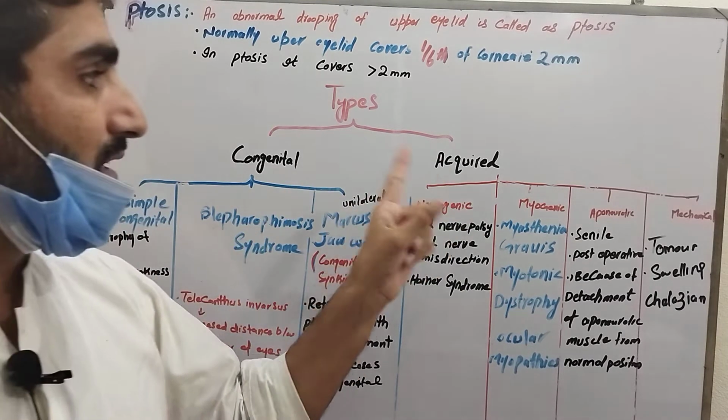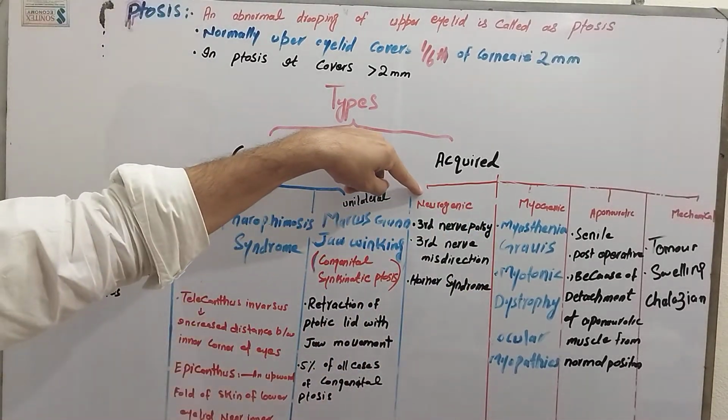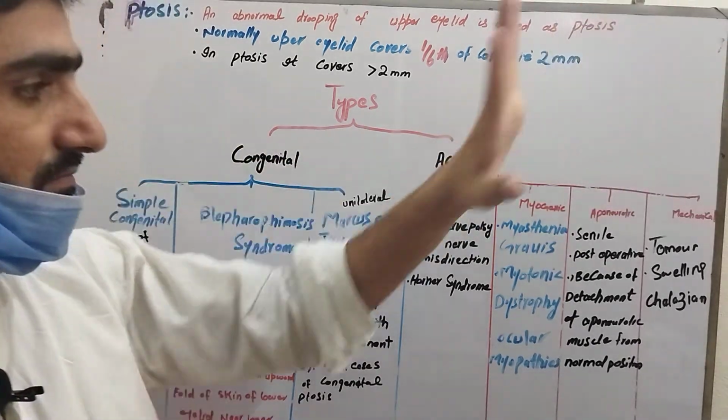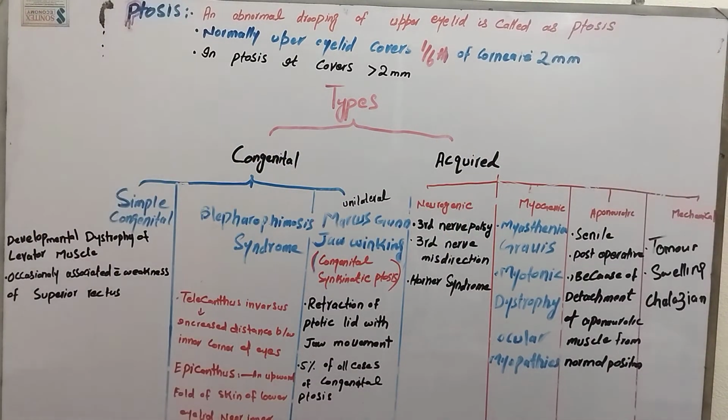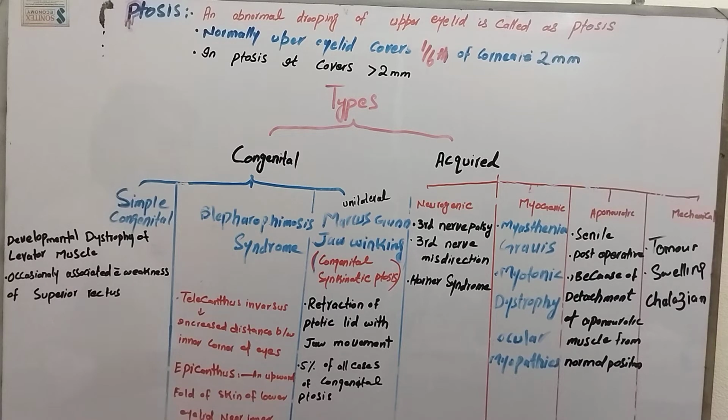Now we are going toward acquired ptosis. It has 4 types: neurogenic, myogenic, aponeurotic and mechanical. First is neurogenic. The basic cause of neurogenic ptosis is an innervation defect of the muscles. The nerves supplying the muscles are not working, so the muscles are unable to work properly.